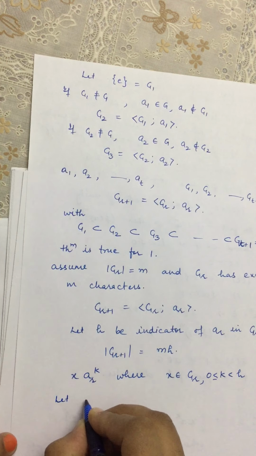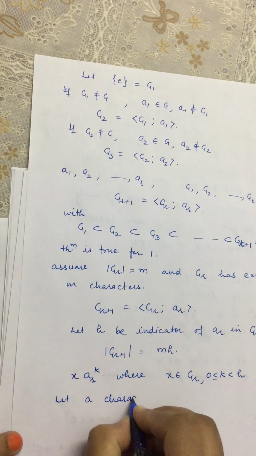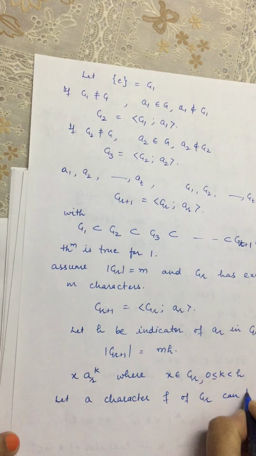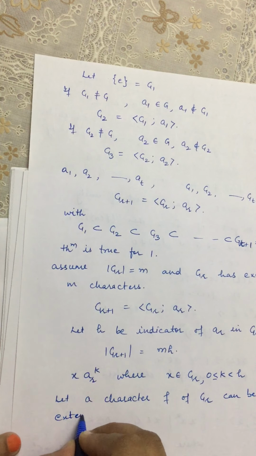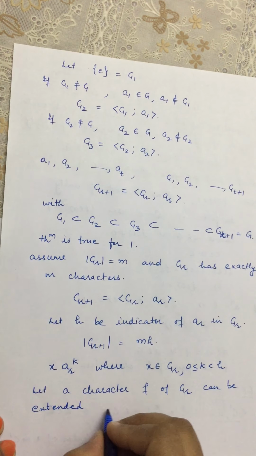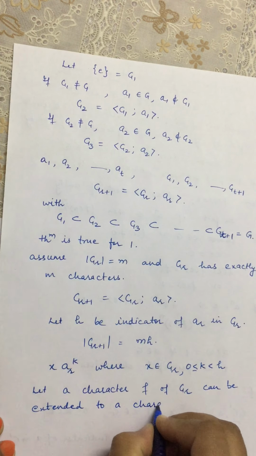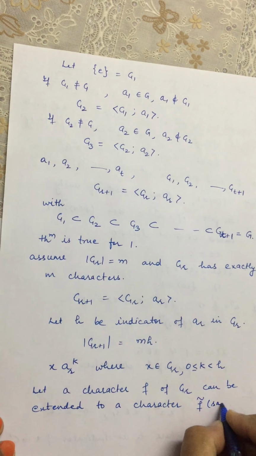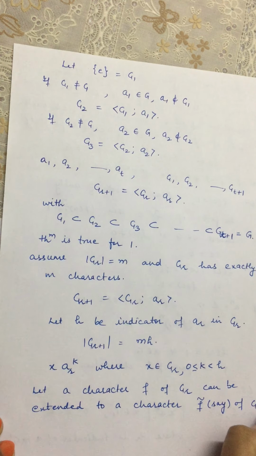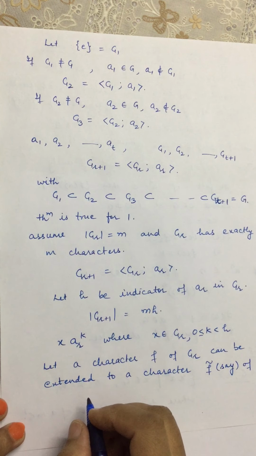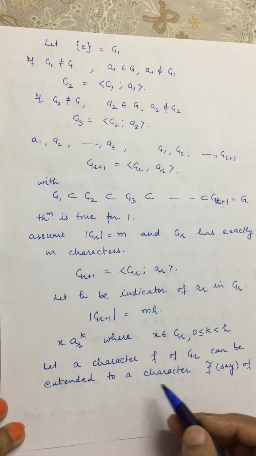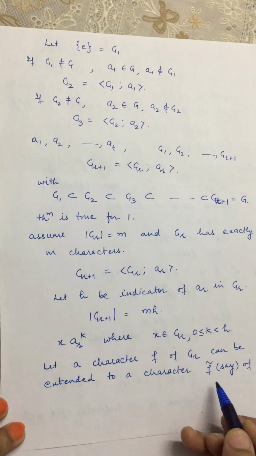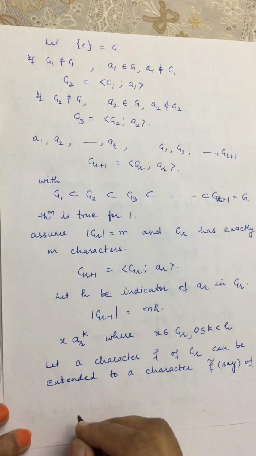So we can say that a character f of GR can be extended to a character, let us say f curl, of G(R+1). We can assume that the character f of GR can be extended to a character of G(R+1), and this extension is f curl.